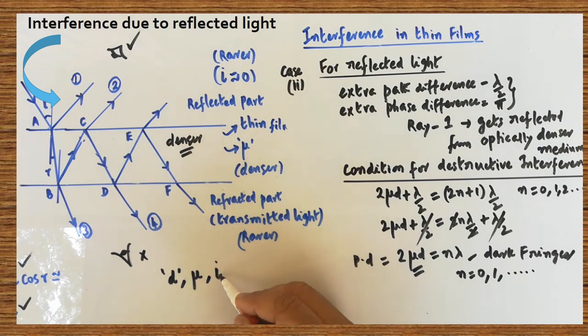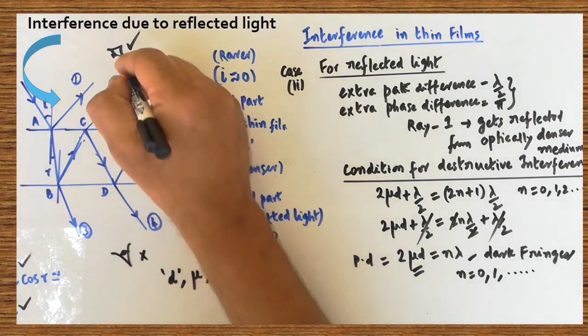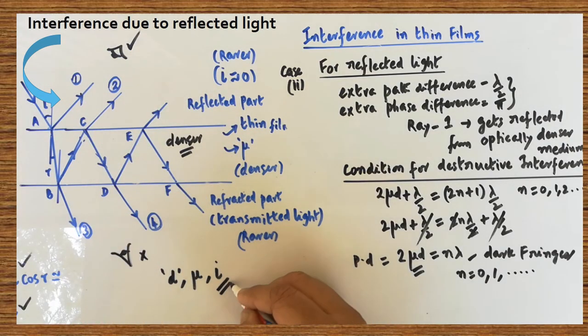If the angle of incidence changes, the color you observe will change. If the refractive index changes, the color you observe will change. If the thickness changes, the color you observe also changes. So the color you observe depends on d, mu and i.